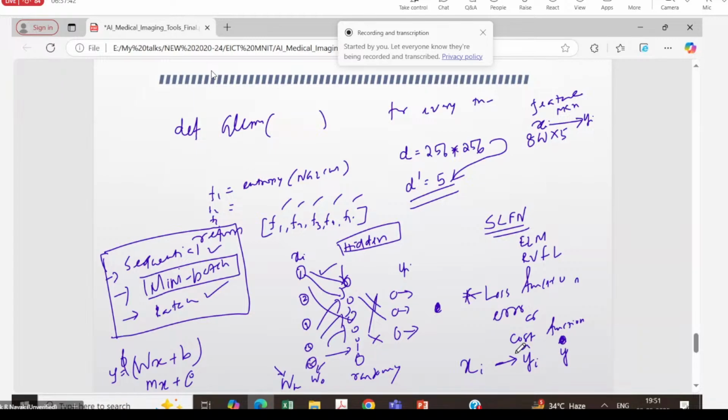So we should check how the predicted value is different from the target. And this y cap depends not only on the weights and bias of the last layer, but also on the weights and bias of all the layers. So we want to readjust w and b in such a way that y cap will be almost equal to y, and at that time my loss or error should be close to 0.